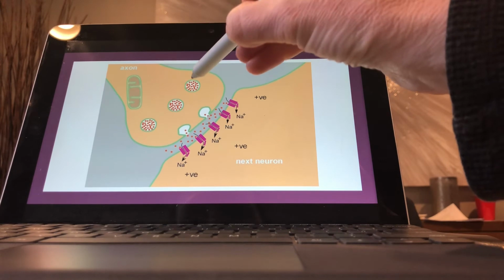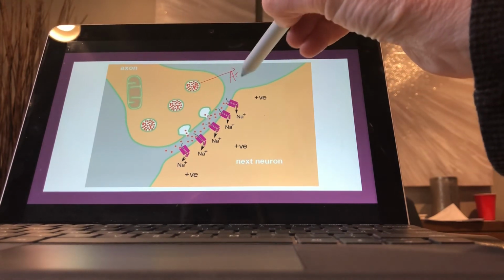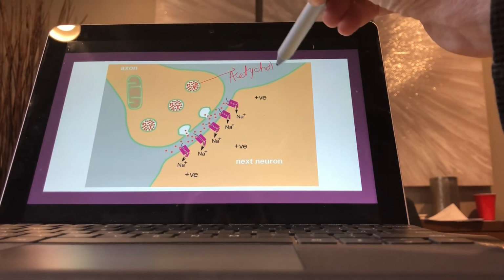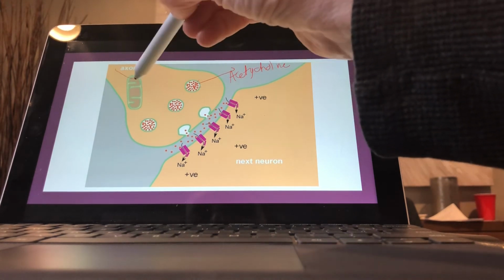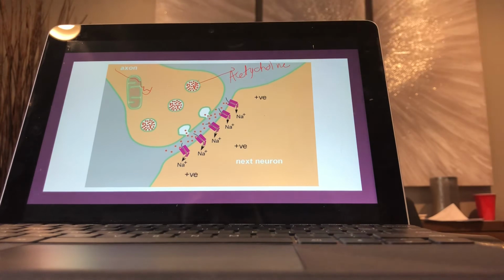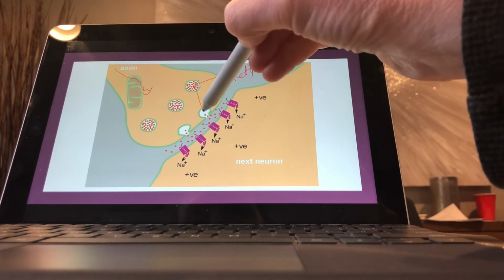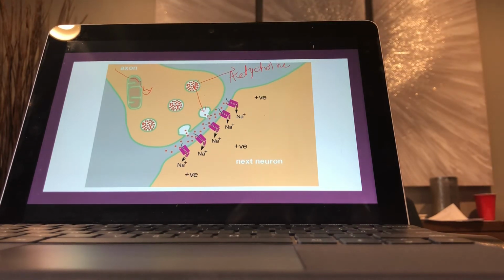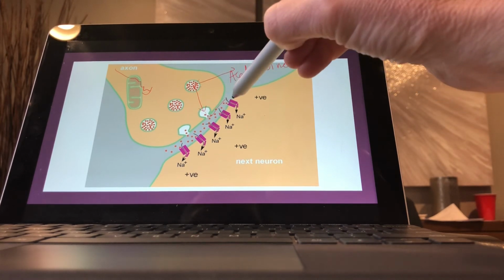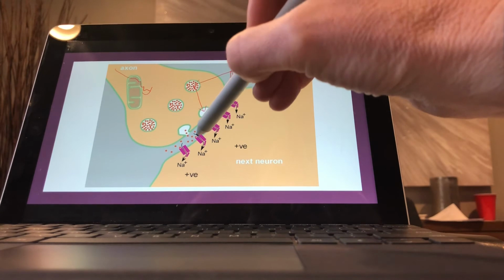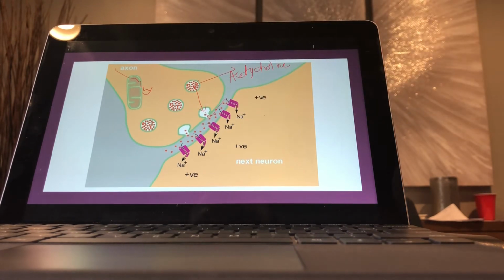So what happens here? So inside of these vesicles, for example, would be acetylcholine. And acetylcholine is a neurotransmitter. So when the message comes along, it's going to trigger the acetylcholine to go, and it's going to attach to the end of the neuron. They release inside. Notice that they are binding to these purple receptors on the other side.